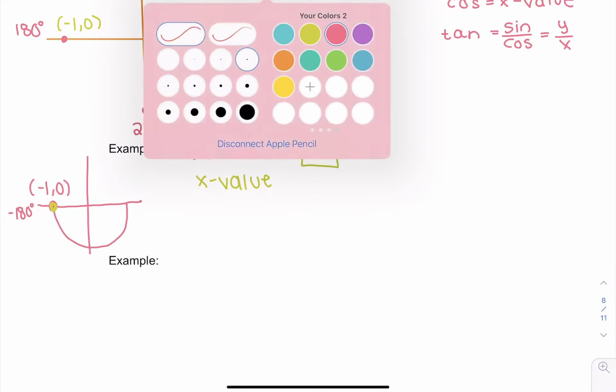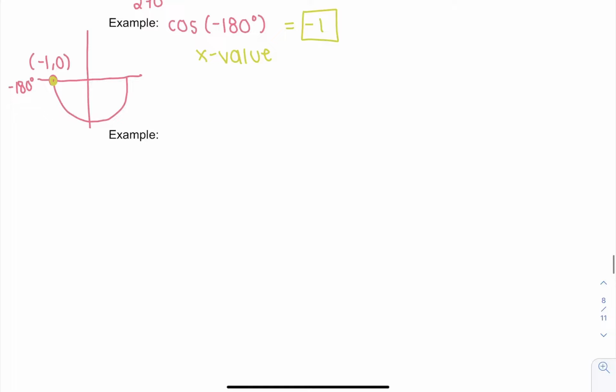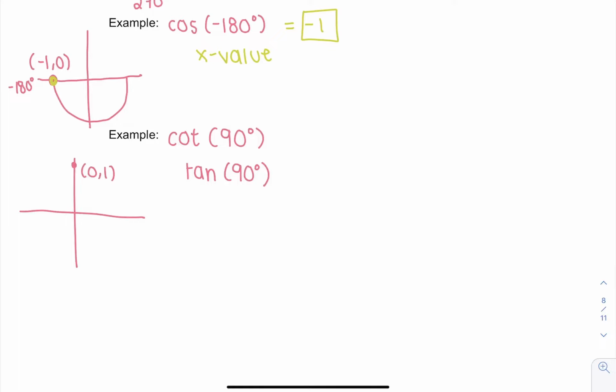Let's try one more example. So let's say we have cotangent of 90 degrees, and this is where it gets a little bit more complicated, but not too bad. So 90 degrees we know is right here, and this is the point 0, 1. Now, tangent of 90 would be y over x, which would be 1 over 0. 1 over 0, we can't divide by 0, so this is actually undefined.